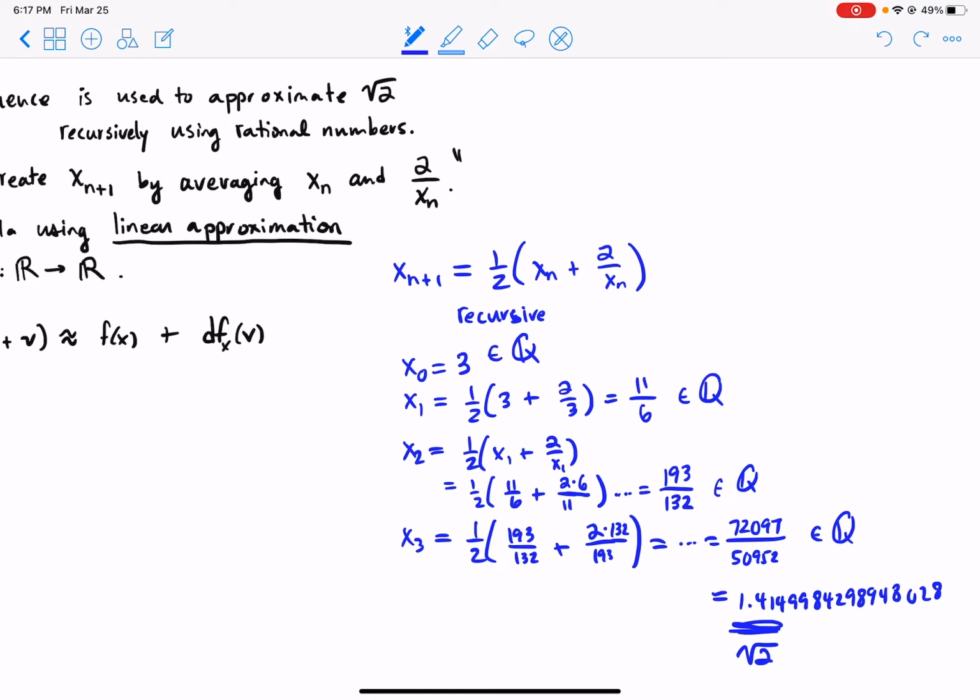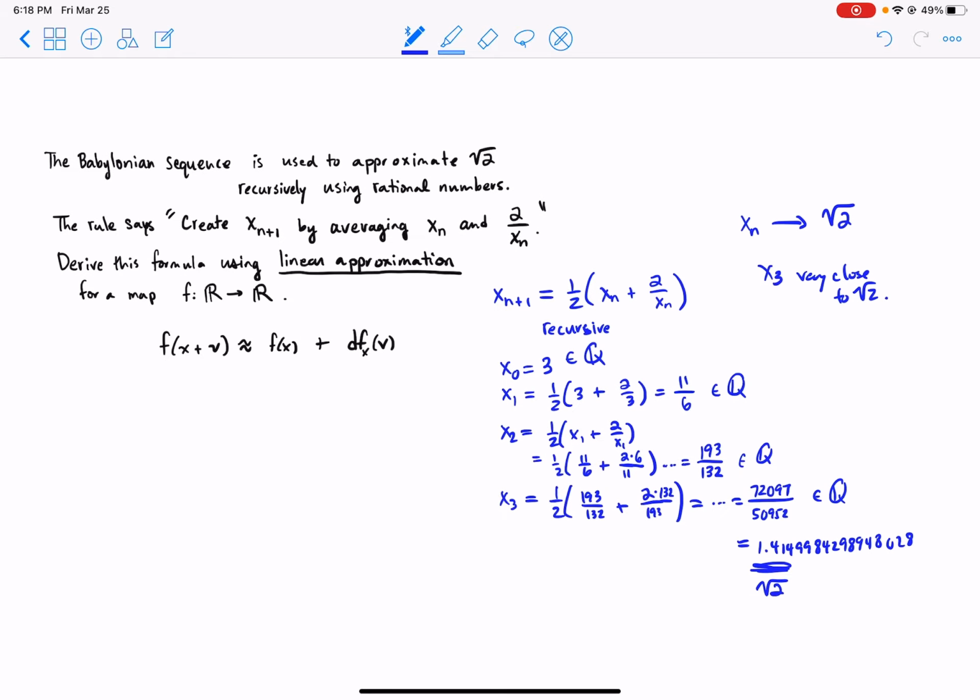Later in this course, we will prove that the Babylonian sequence, the x sub n's generated by this rule recursively, converges to the number square root of 2. It gets as close to square root of 2 as you like, provided you go far enough out. So if this is close enough, you only had to go to x sub 3, and that was very close to square root of 2.